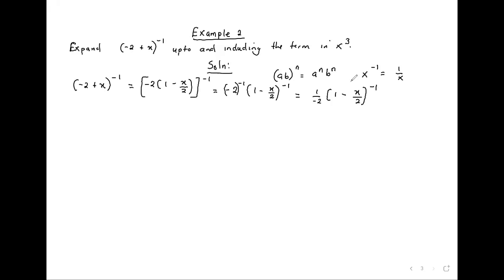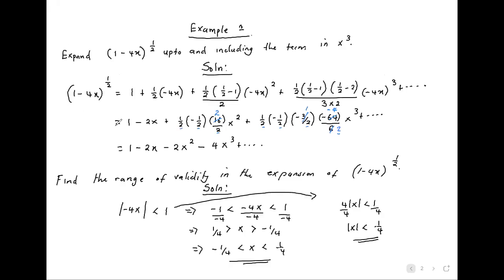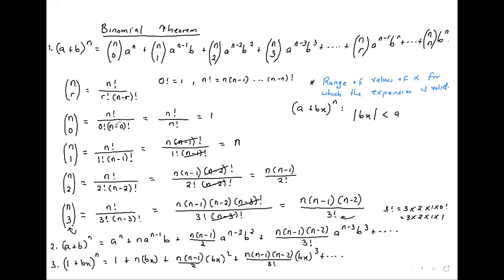Now, when that is the case, then we'll have -1 over 2. Now we do the expansion. So the power is -1. So we have 1 plus our -1, the n. We are following this format here, where I just substitute where there is n and where there is bx.